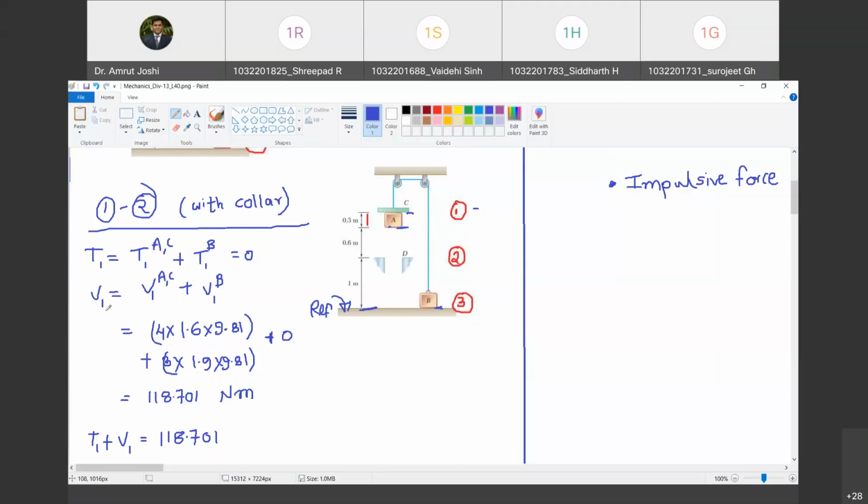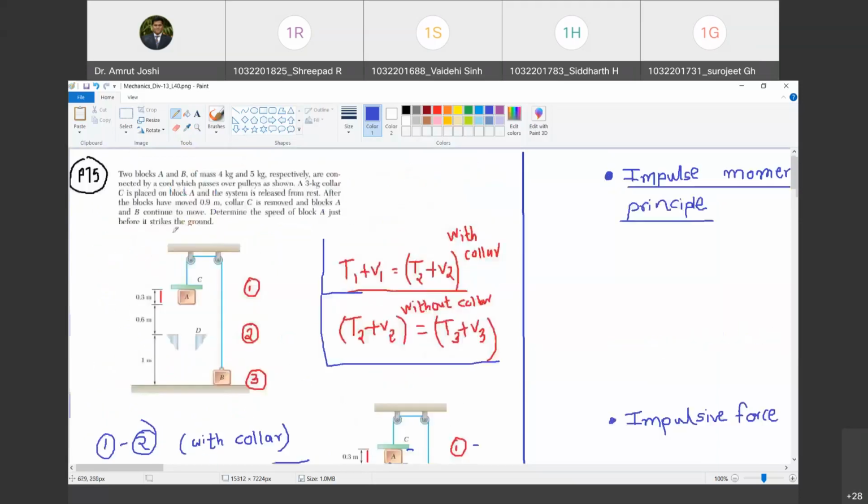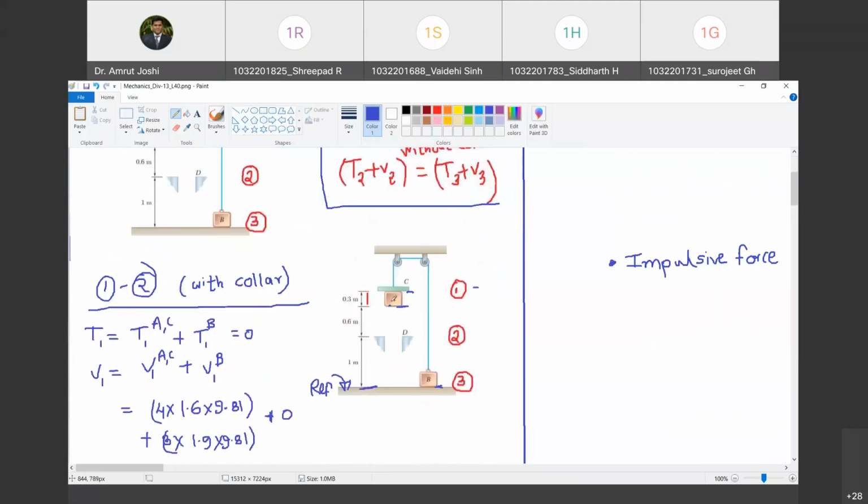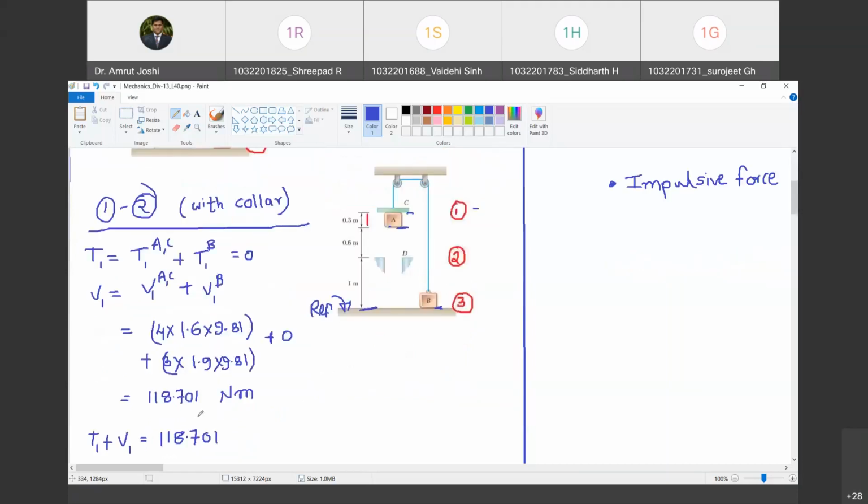Now if I were to write down the potential energy associated with block A, it will be mgh. The m of block A is 4 kg, multiplied by 9.81, multiplied by the lower surface height. So it is 1 plus 0.6, that is 1.6, with reference to the reference surface.